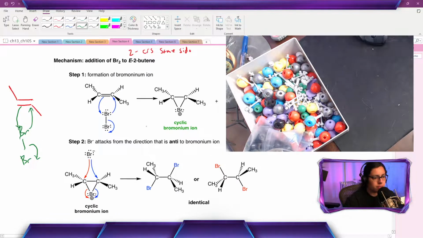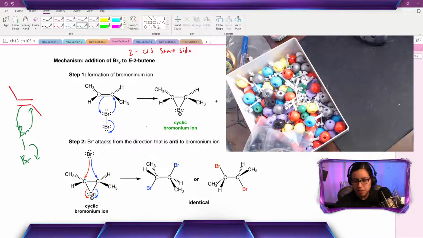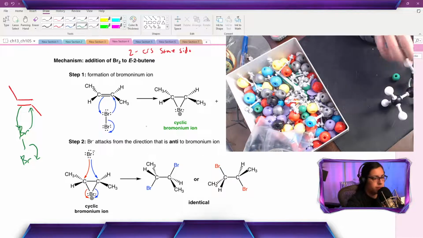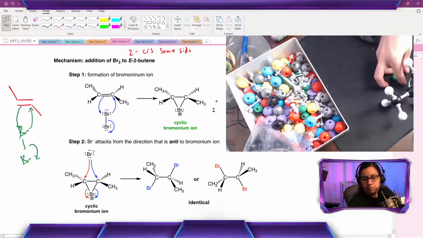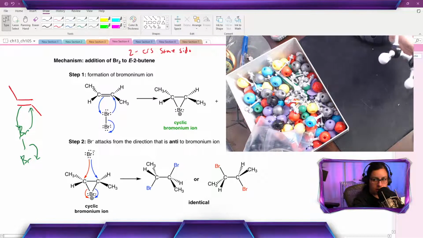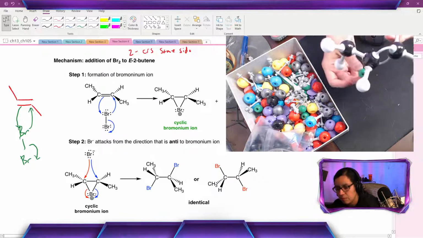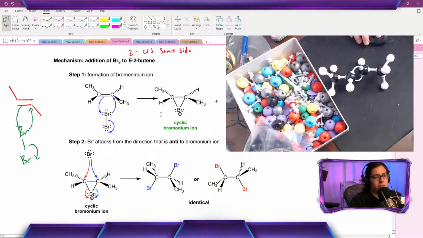And so the thing is, this is below, right? So we have our bromine kind of down there, intermediate. Well, now our bromine has to attack from the other side. So this is our intermediate. We're kind of looking at it in 3D. So this is on bottom.